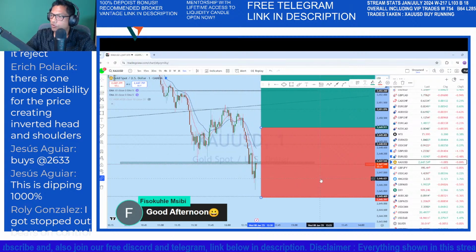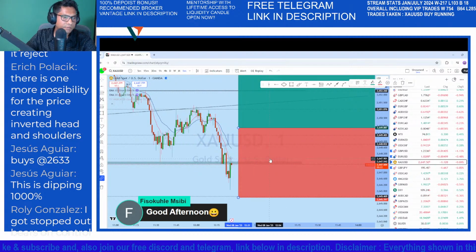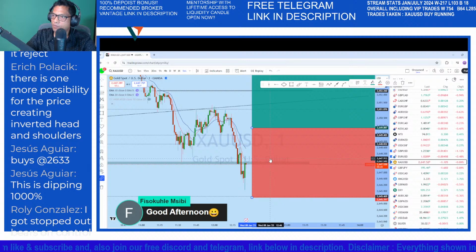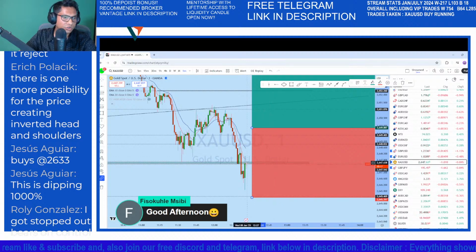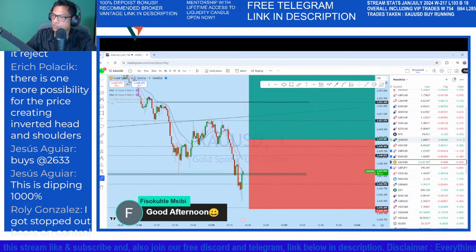It is possible for the market to have a bounce. Now if it had a bounce before the news, it might be quite an aggressive bounce. We'll see what's happening.